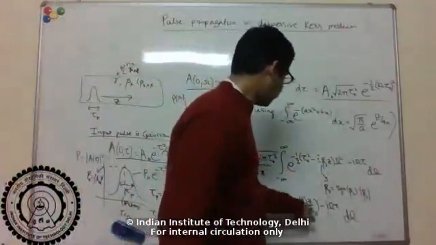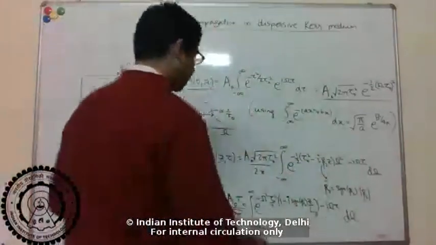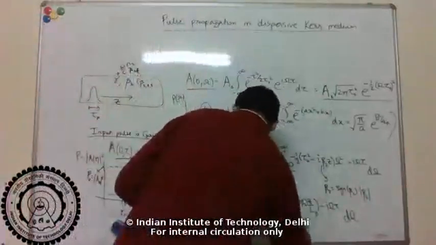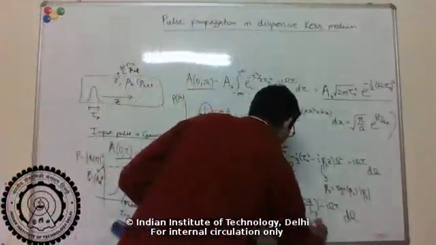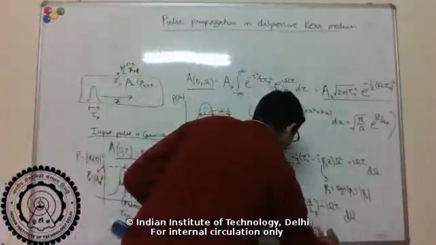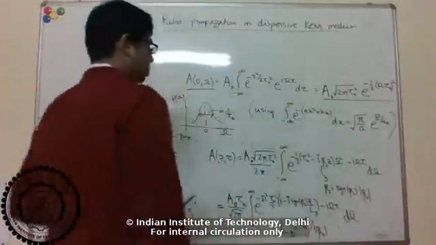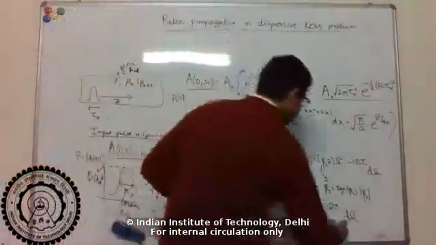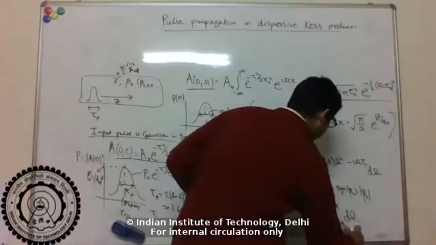So we took the sign and then introduced this parameter LD. What is LD? LD is equal to tau naught square divided by the magnitude of beta 2. This is known as the dispersion length.